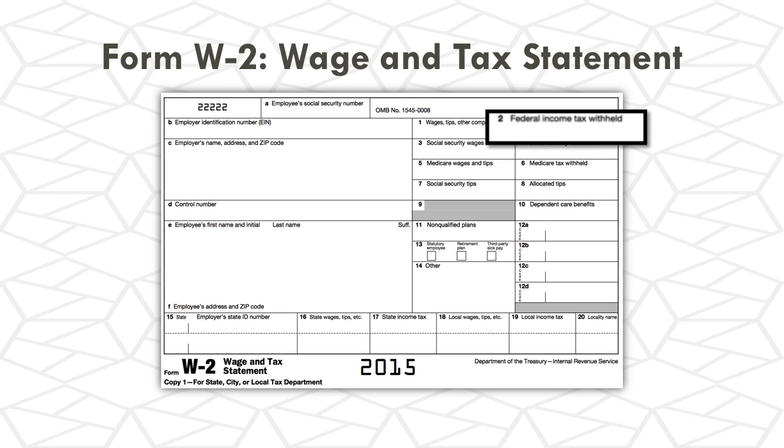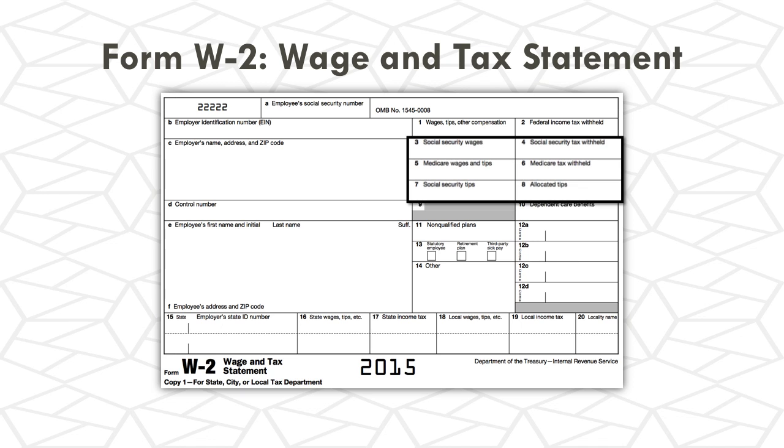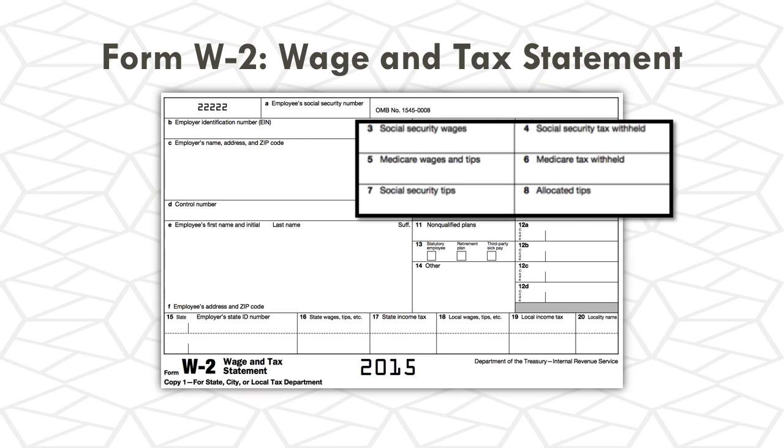This is going to be the amount of federal income tax withheld from the taxpayer's wages for the current tax year. The next couple of boxes, boxes 3 through 7, are related to FICA taxes, or Social Security and Medicare taxes. We'll talk more about what that means in a moment. Box 8 listed there is called allocated tips. We'll talk about the difference between allocated tips and just regular tips in a moment.